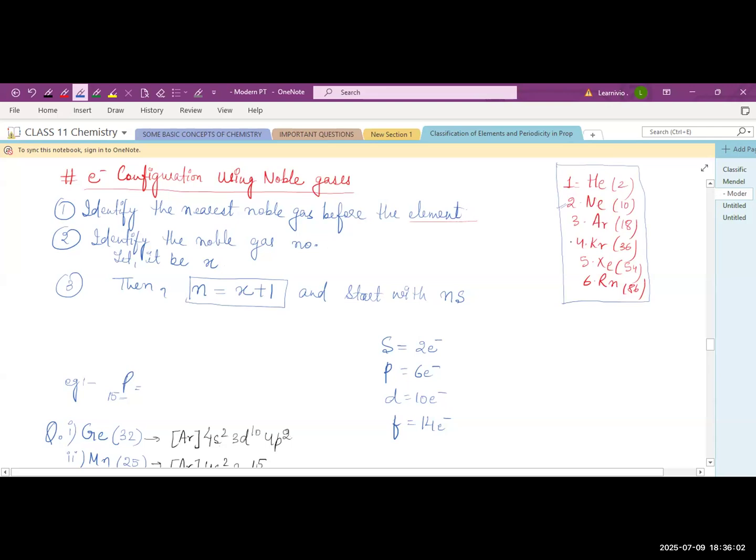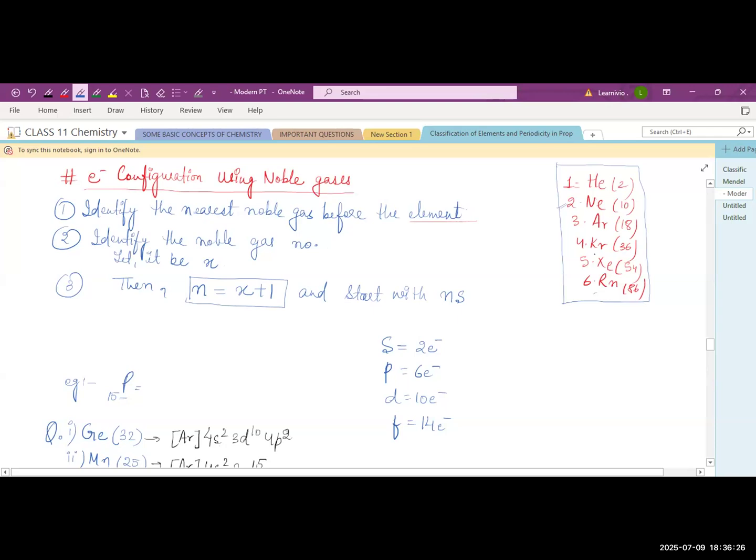It's group 18, noble gas. So the first noble gas is helium, second is neon, third is argon, fourth is krypton, fifth is xenon, and the sixth one is radon. In this sequence you have to remember.